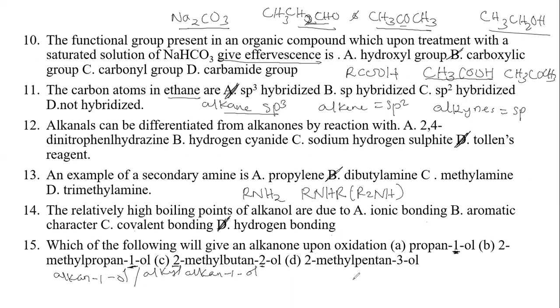So when you see X-alkyl alkan-X-ol, and the X and X are the same, it means that it is going to be a tertiary alkanol, like 3-methylpentan-3-ol or 4-ethyloctan-4-ol.